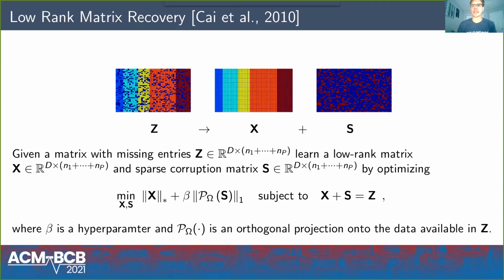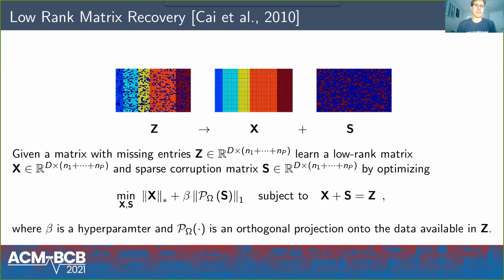To handle the missing data problem, we focus on low rank matrix recovery. So given some matrix with missing entries, which we take as the horizontal concatenation of all of the bags associated with our data, we would like to learn some low rank matrix, where the assumption is that there is some structure across our cohort that we can leverage to fill in those missing data points.